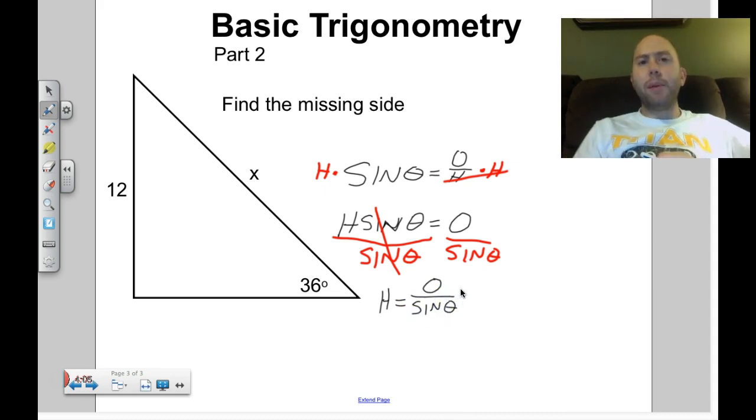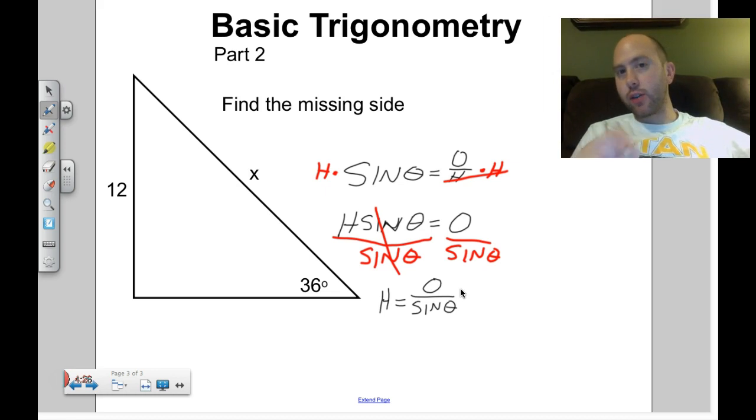Now, a lot of people ask, when do I know when to use inverse sine or inverse cosine or inverse tangent? And when do I just divide both sides by tangent theta, sine theta, cosine theta like I just did here? Easy. When you're looking for an angle, that's when you use inverse sine, cosine, or tangent.